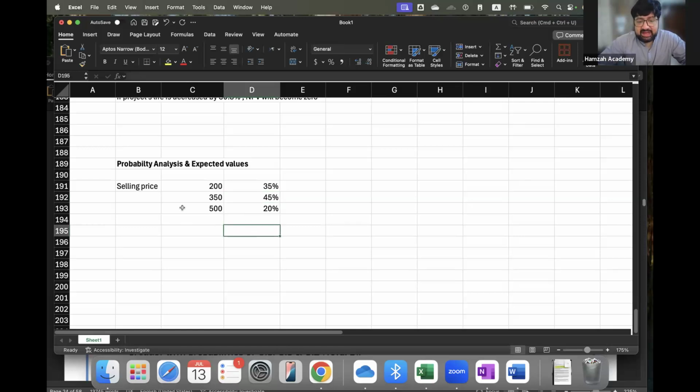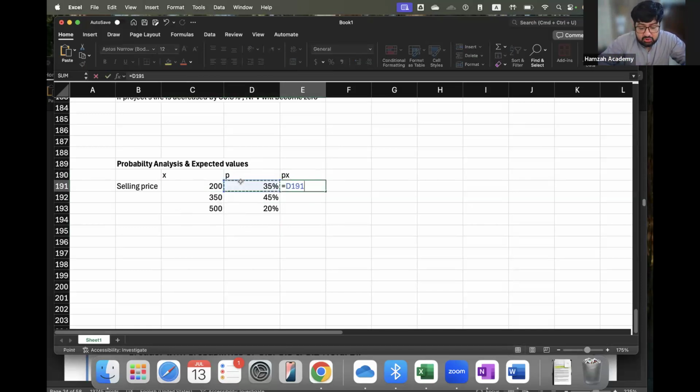So what is the expected value? Three options are there, and each has its probability of occurrence. So X, P: probability into that certain amount, so Px.